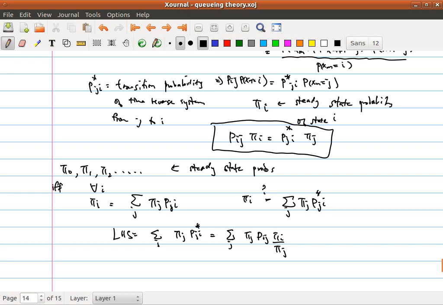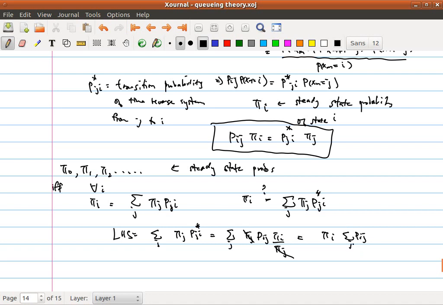So we just substitute into that. We've got pi_j cancel, and then pi_i has nothing to do with j. We are summing over j, so we can just pull pi_i out. So we sum over j of p_ij, and p_ij is the transition probability from state i to state j, and we are summing over all j.